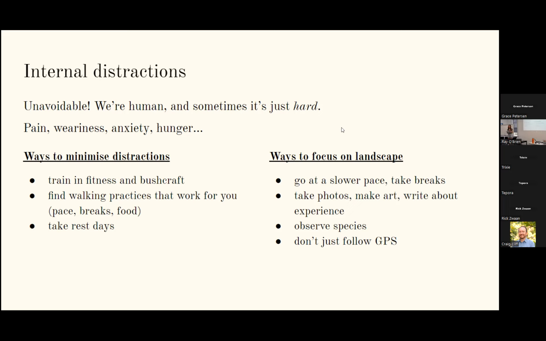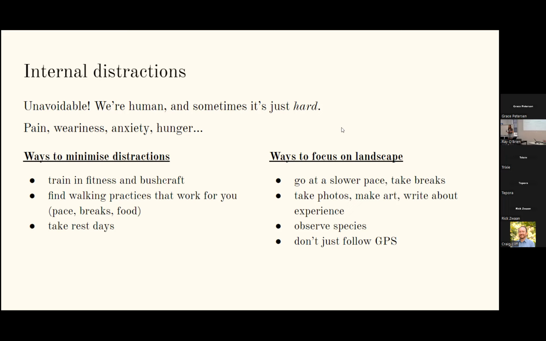Finding walking practices that work for you, so going at a pace and having bursts in the day that keep you feeling good about the trail, and equally taking rest days. And then on the flip side, ways to focus more on the landscape. I found that when people did go at a slower pace, obviously they wouldn't achieve the trail quite so quickly, but they would be able to enjoy the experience a lot more and give them space just to be if they needed to.